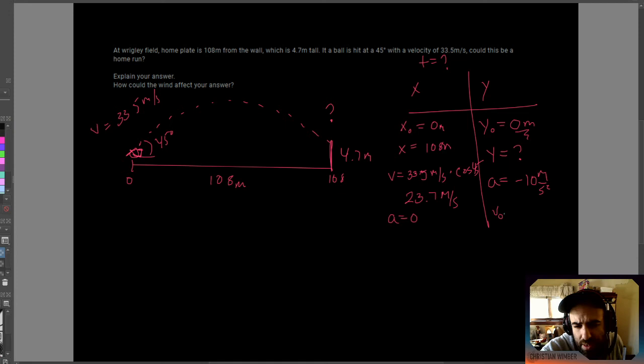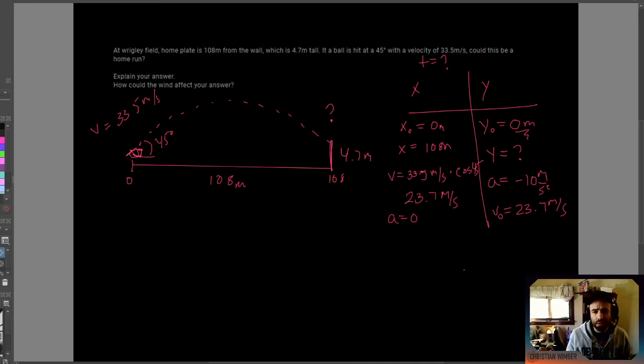We do know that it does have some initial velocity, and now I could go through and recalculate it. It'll be 33.5 times the sine of 45. But because at a 45-degree angle, cosine and sine are the same thing, I'm not going to do the math again. I mean, it wouldn't hurt to do the math again, but you'll get the same answer: 23.7 meters per second.